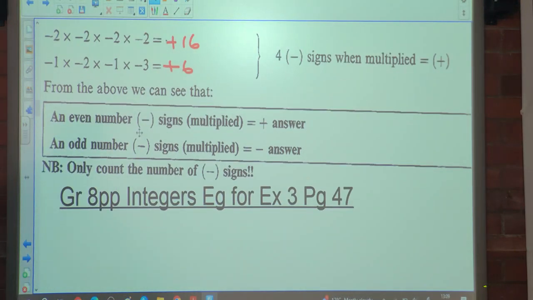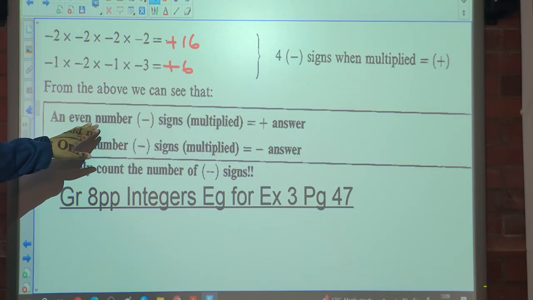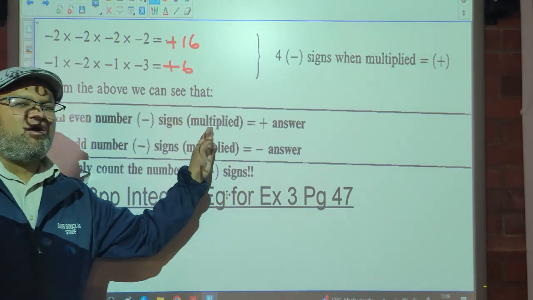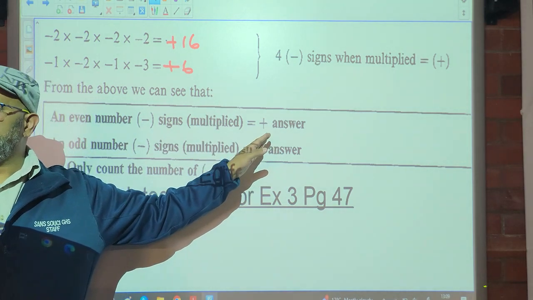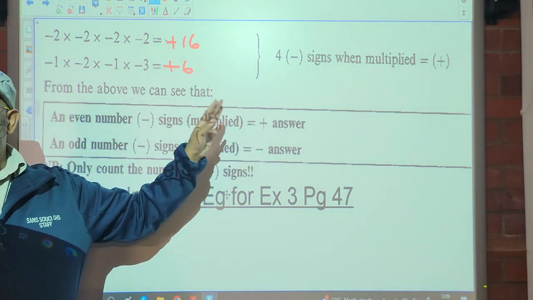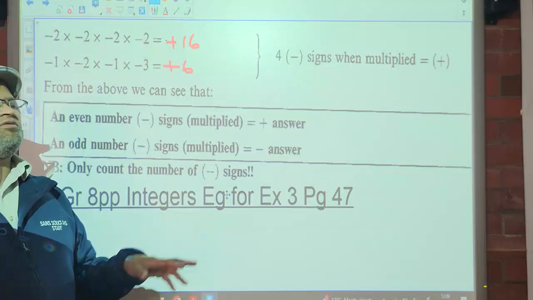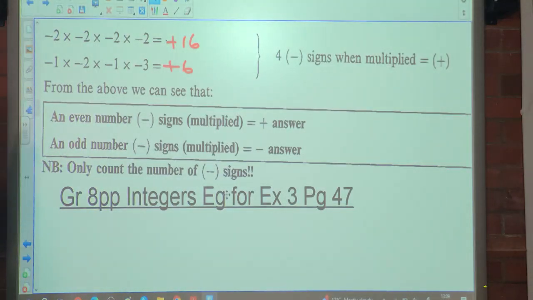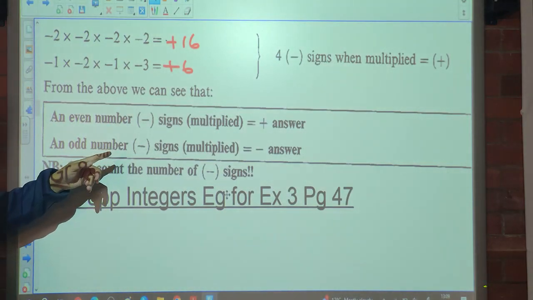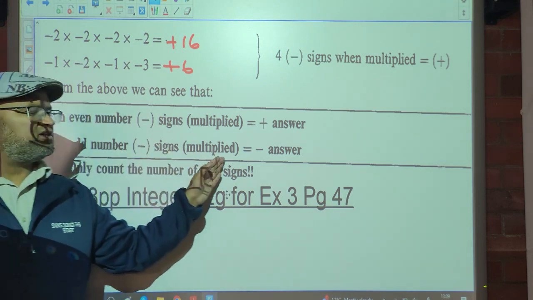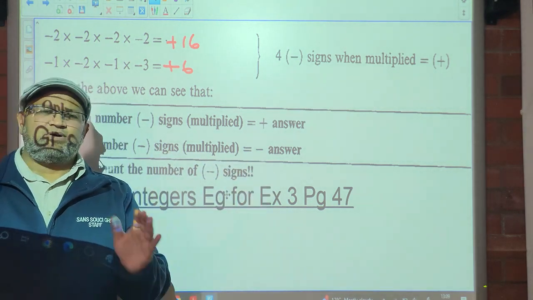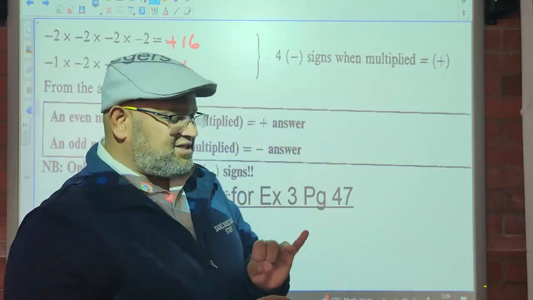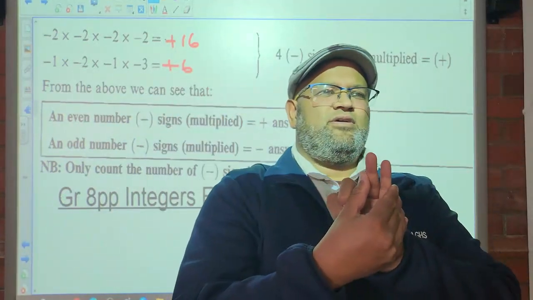Then we made this note as well. From the above, we can see that an even number of negative signs multiplied will always be positive. You guys know what even numbers are? 2, 4, 6, 8, and all of those numbers. An odd amount of negative signs multiplied will always be negative. So remember, what's negative times negative?